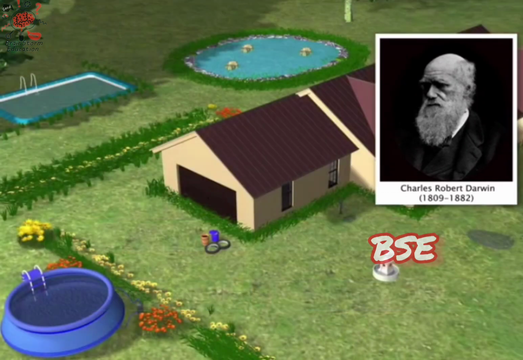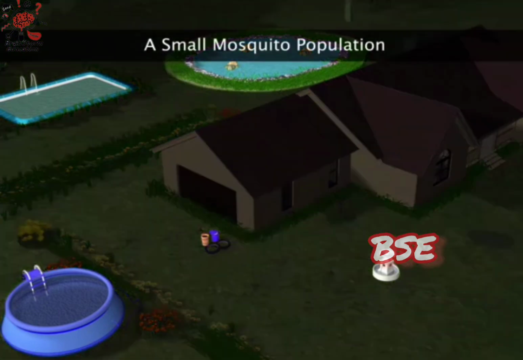Let's look at Darwin's theory of natural selection with the help of a hypothetical example. This is a small population of mosquitoes living near a water body.